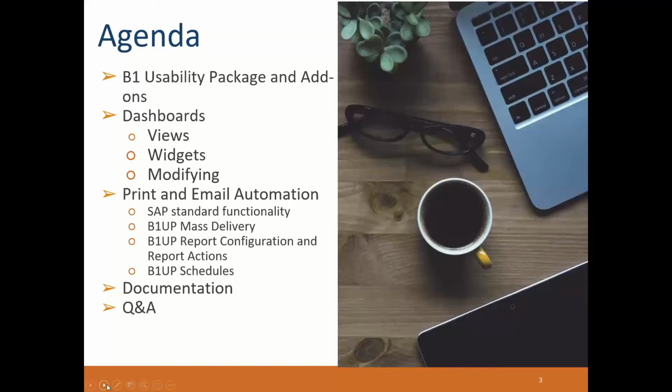Then we'll get right into dashboarding, and we'll talk about views and widgets and how to modify them. Then I'll be turning it over to Caitlin. She'll be working through some of the print and email automation or print and delivery with B1 Usability Package. We'll wrap up with providing documentation and close with some time at the end for Q&A.